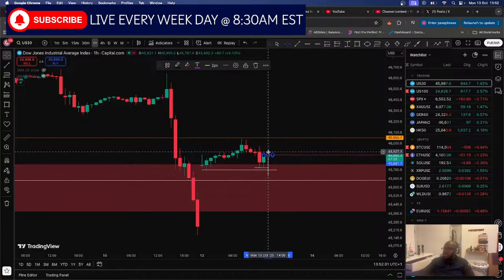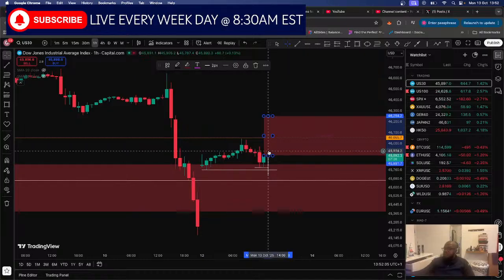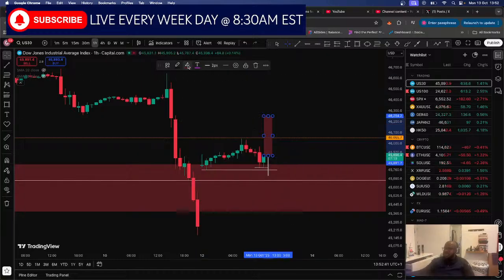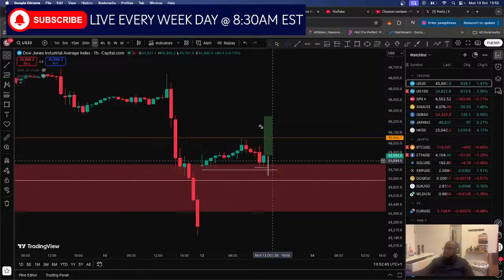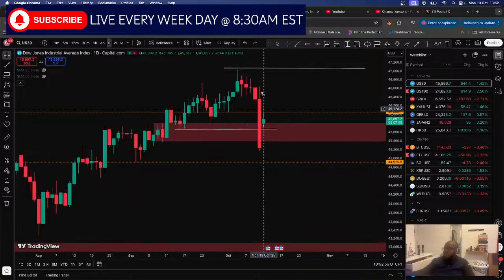Then we should see a rally like this, should be green, and we should see this turn green. So then you'll end up seeing all of these 4 charts turn bullish. And if we go into the daily chart, this will also turn bullish, and then over the next few days we'll see this also turn bullish, and that's how you get all of the charts in confluence. So that's what I'm looking for.